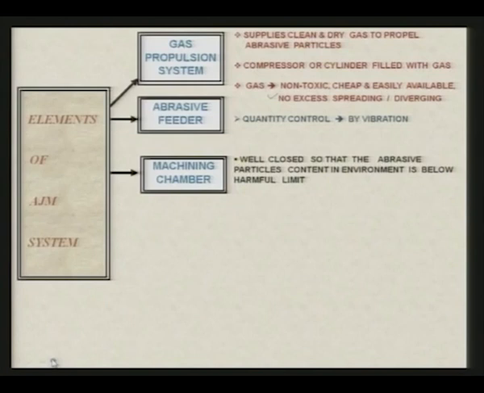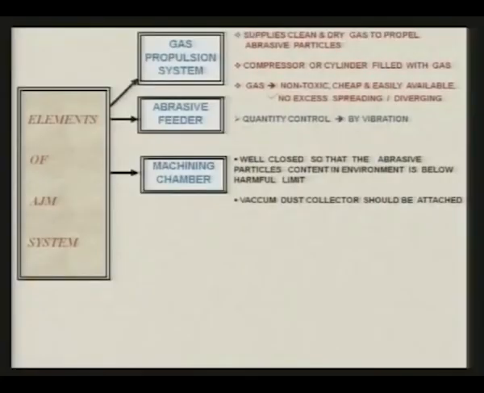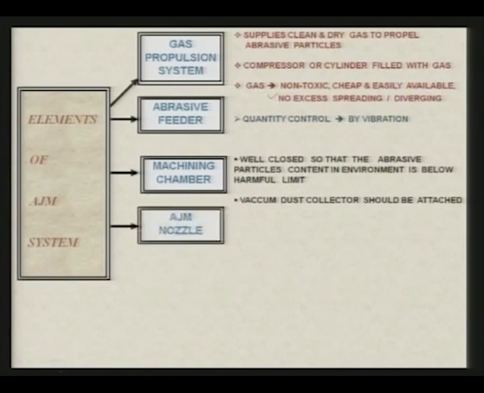We should always keep the machining chamber closed, so that the fine abrasive particles do not spread in the environment. Otherwise, they will be very harmful to the operators and the people standing near the AJM setup. And there should be a vacuum dust collector attached to the machining chamber, so that dust particles etc. are collected and put out of the machining chamber.